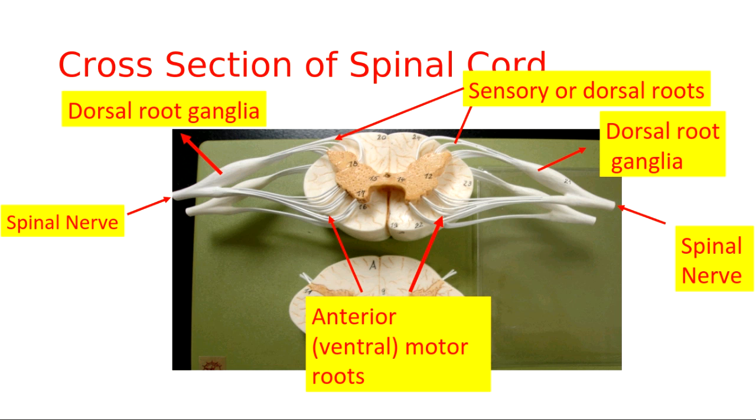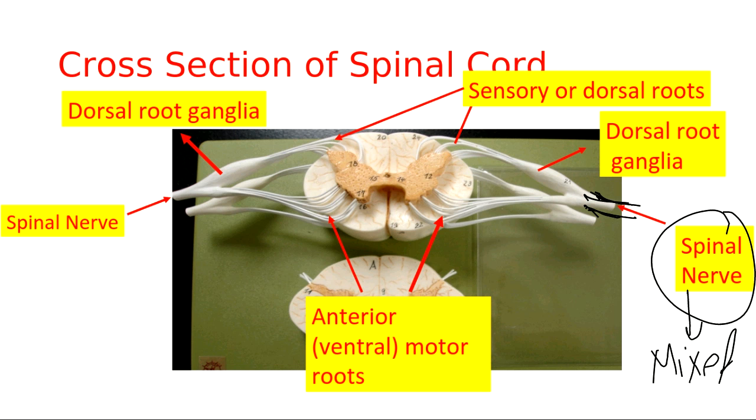This picture, this model is very good because it gives you a good spinal nerve. So here you have the little spinal nerve right there, which consists of both sensory and motor fibers. And so any nerve that has sensory and motor fibers, we call a mixed nerve, versus something that is only sensory or only motor. So spinal nerves, all of them are mixed nerves.